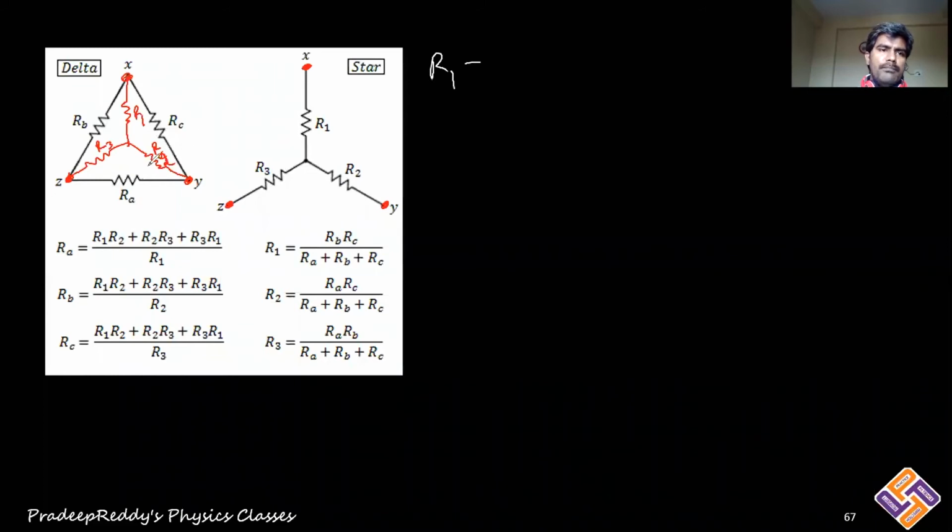Now, I want to write down R1. R1 is in between RB and RC. Therefore, I'll write R1 is equal to RB, RC divided by all the resistors, RA plus RB plus RC. R1 you have got. Next, R2.